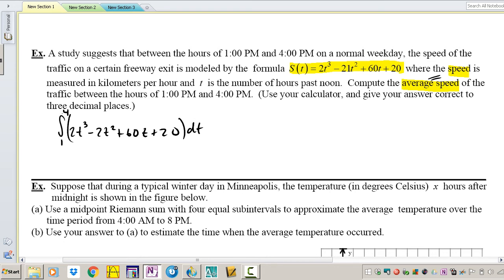And then when I do find my integral, I divide it by the number of hours during the study, which is the 4 minus the 1, which is 3. So this is 3, and instead of having a long division sign below my integral, I'd rather just write it in the front, 1/3.